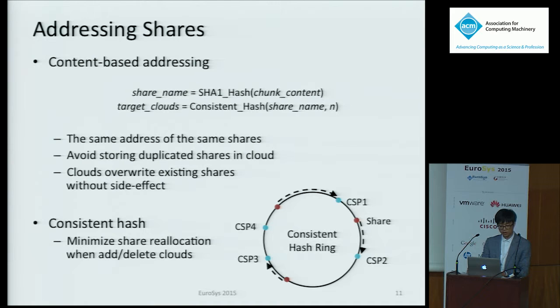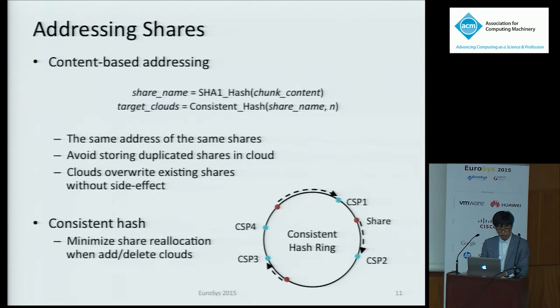So we decided that CYRUS allows clouds to create or overwrite files instead of controlling transactions. We design an addressing scheme that guarantees files with the same content are located at the same cloud with the same name. The share name is decided by the chunk content, and the location of shares is decided by the share name.